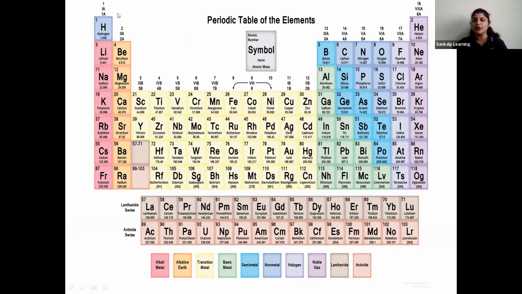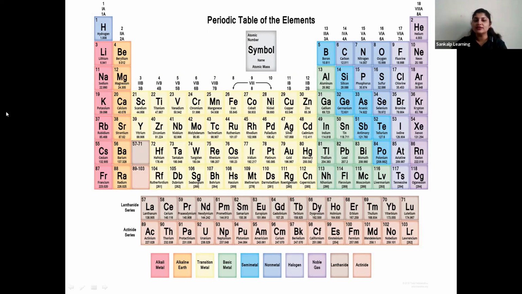For your 10th, you need to remember the first 20 elements. You should be perfect with them: hydrogen, helium, lithium, beryllium, boron, carbon, nitrogen, oxygen, fluorine, neon, sodium, magnesium, aluminium, silicon, phosphorus, sulfur, chlorine, argon, potassium and calcium.